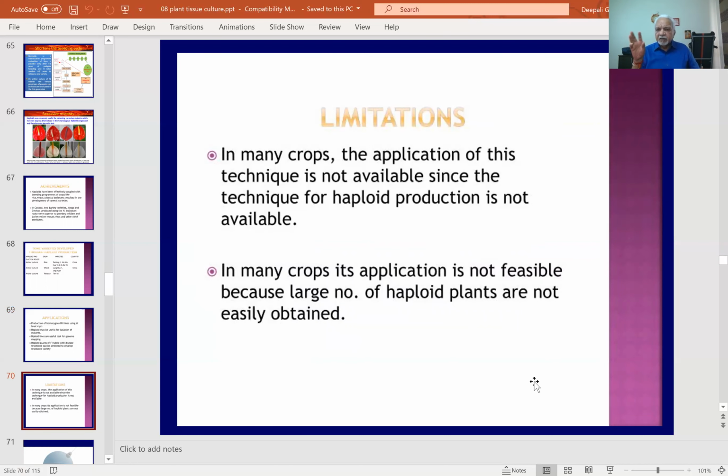The limitation is the technique as a whole, in the sense that anther culture, the in vitro manipulation, should work in the lab for the researcher. As I mentioned, there are so many factors which affect the successful culture of anthers, and this needs to be optimized.